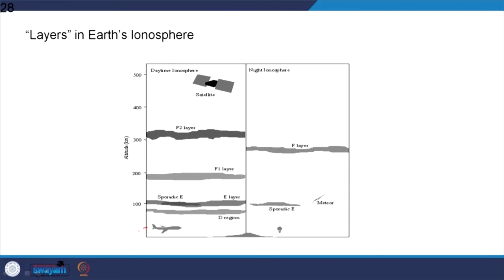Then the E layer, then the sporadic E layer, which is due to the occurrence of metallic ions in this E layer. Then you have the F1 layer, the peak of which is shaded, and the peak of the F2 layer occurs at nearly 10 to the power of 12 per meter cube. And during the night time, much of the D layer and E layer disappear, and only the F layer will remain during the night time.